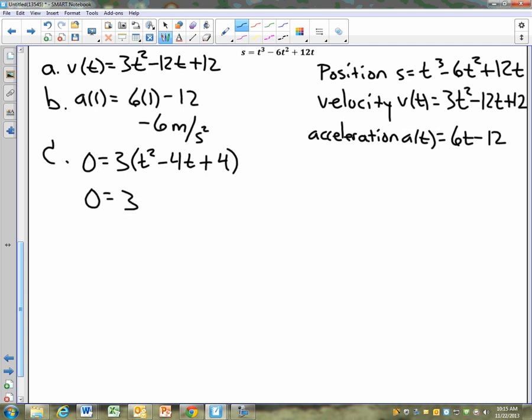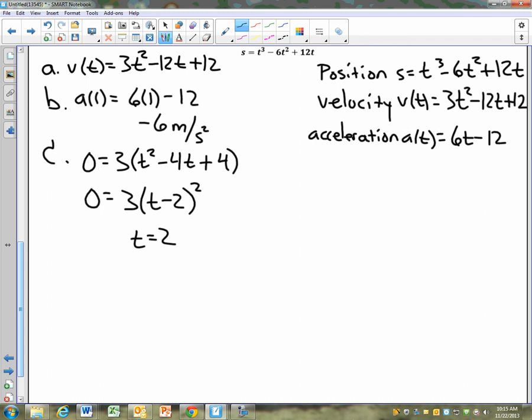Does that factor? Yeah, t minus 2 quantity squared. At time equals 2, the velocity is 0.